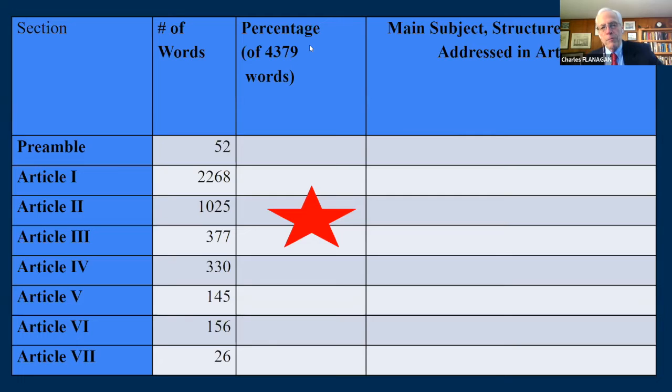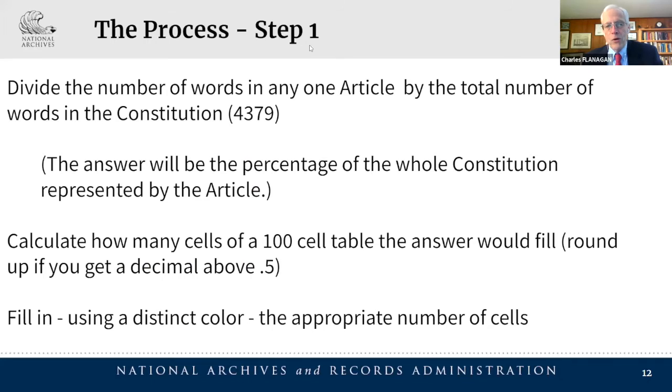So when you divide, I'll show you with the preamble example. If you'd go one more slide, please, Katie. So if you take the words and you divide them by the total number of words in the Constitution, that will give you the percentage that your article represents. Then you're going to calculate how many cells of a 100 cell table your article would fill.